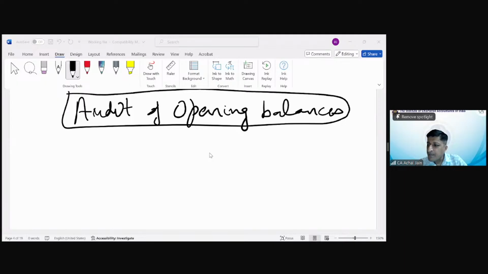See, our opening balance, whether there is a misstatement that materially affects the current period financial statements. Whether the accounting policies are consistently applied throughout the period. So for example, in the previous year one policy is implemented, in the current period another policy is implemented, which is not communicated.